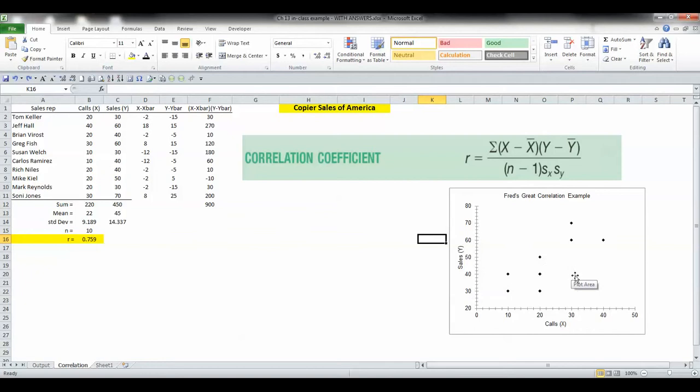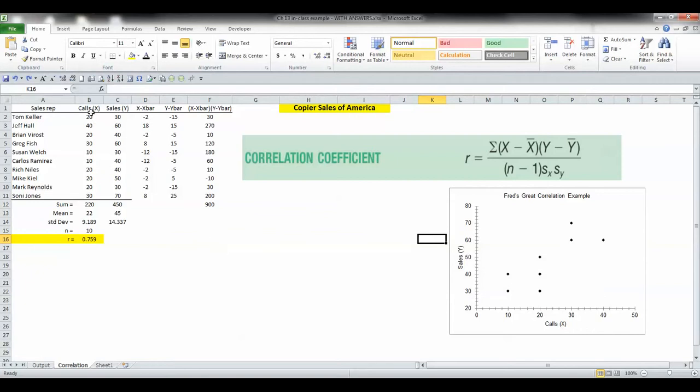It doesn't mean that one is necessarily better than the other. In this case, it makes sense that as the number of sales calls increases, the number of sales increases, but there may be a case where, let's say this was instead of calls, it was number of interruptions while on a sales call. Well, the more interruptions you get on a sales call would probably make your sales go down, so you'd have a slope like this.